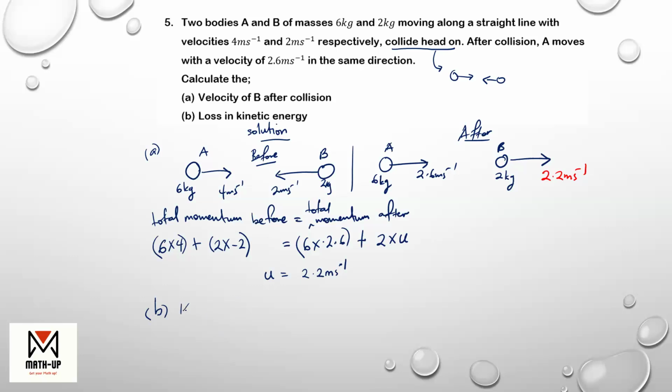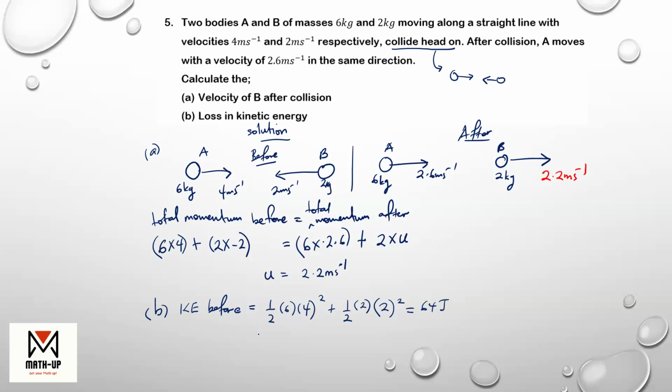So let's calculate the kinetic energy before. We have a half of 6 times 4 squared plus a half of 2 times 2 squared. That is going to give us 64 joules.